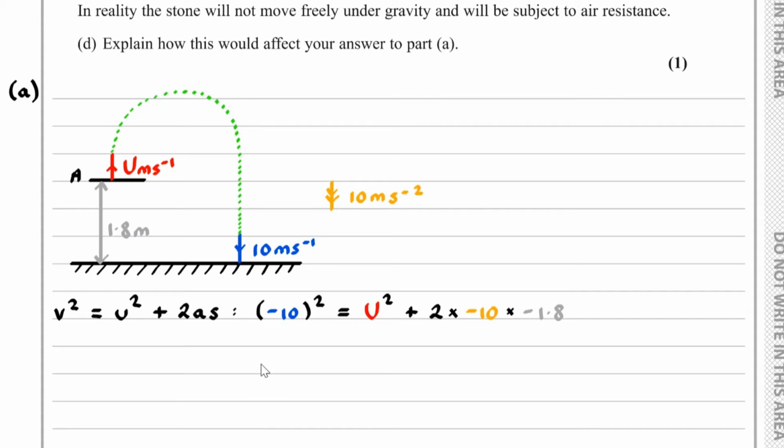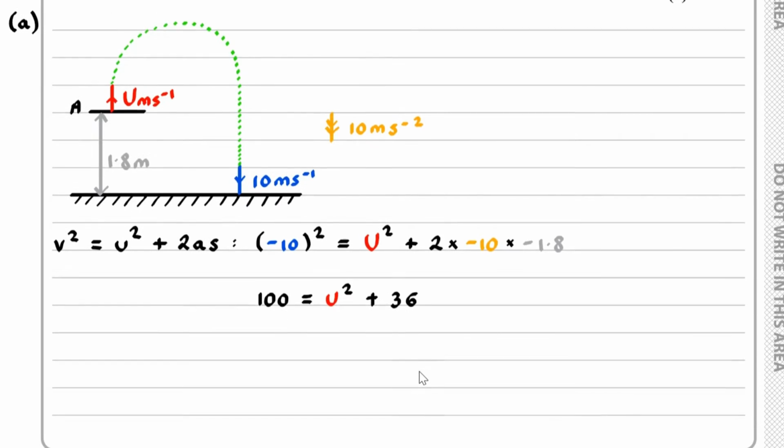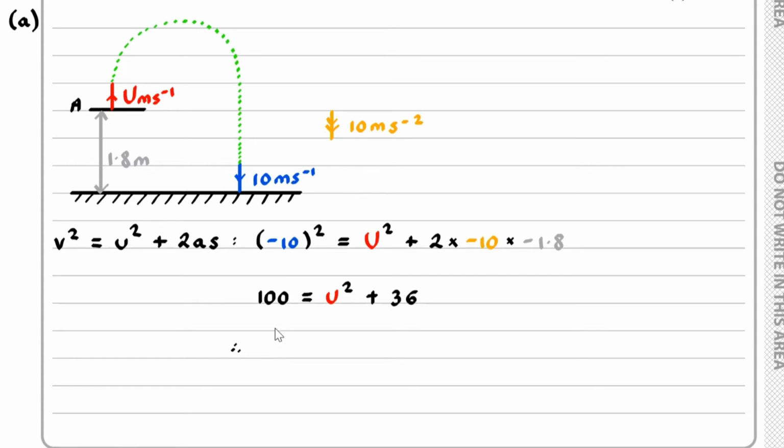So we have 100 equals u squared plus 36, and from this we can conclude u equals the square root of 64, which is 8. So u equals 8.